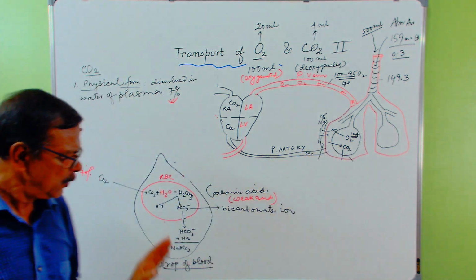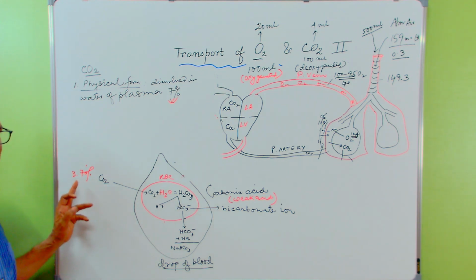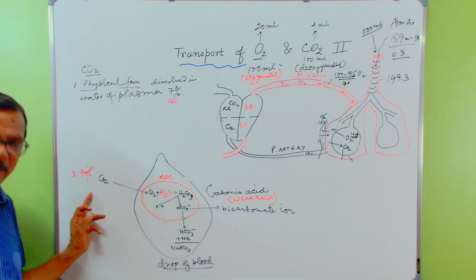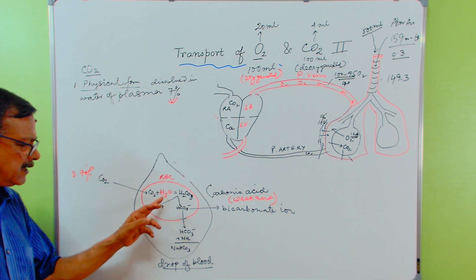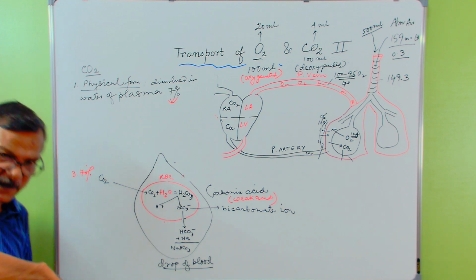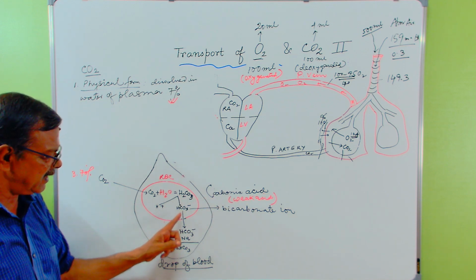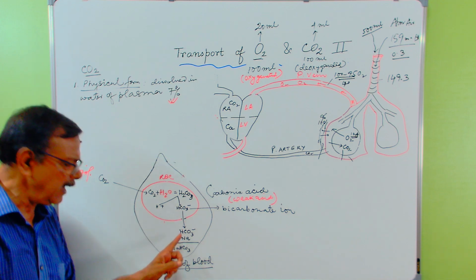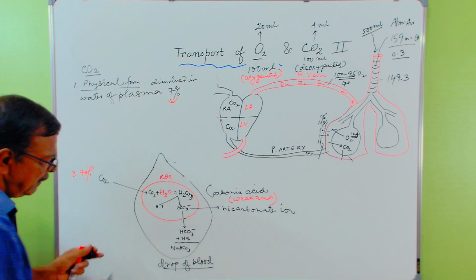So 70% of the carbon dioxide produced during cellular respiration or metabolism first enters into the RBC, reacts with the water of RBC and produces carbonic acid, a weak acid. It immediately dissociates to form HCO3, and this HCO3 goes out of the RBC and enters into the plasma. This portion is known as plasma.